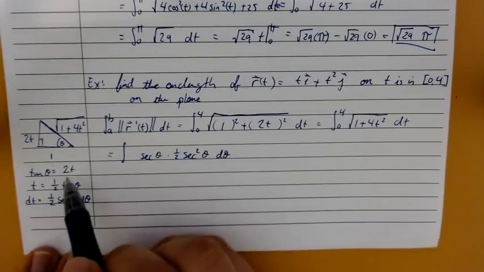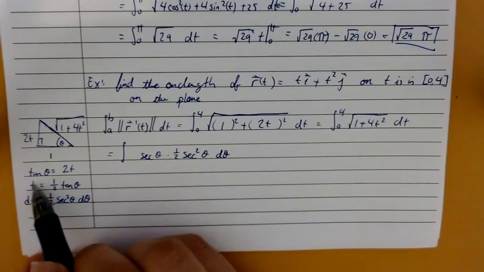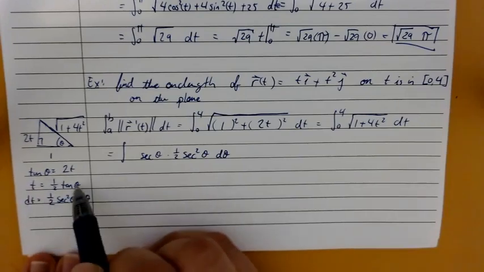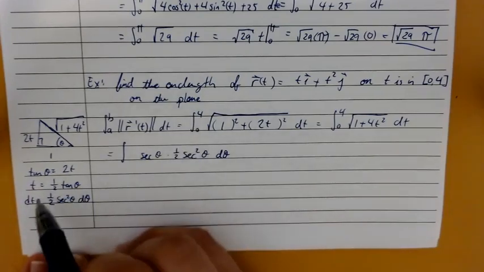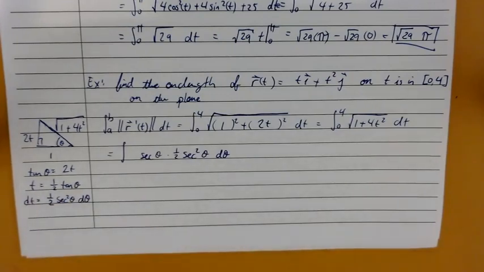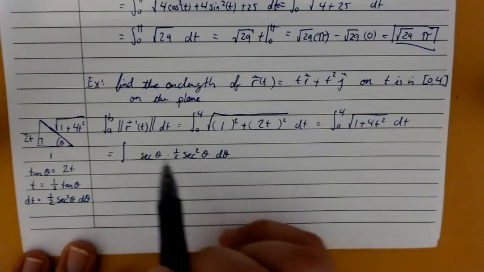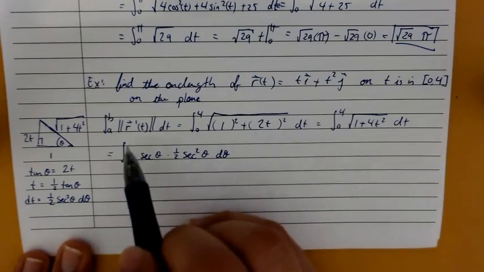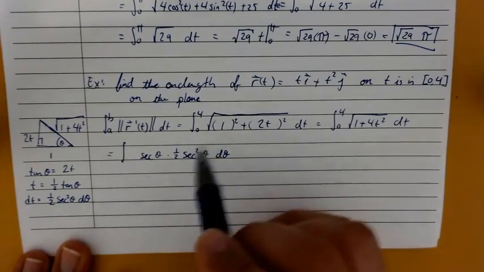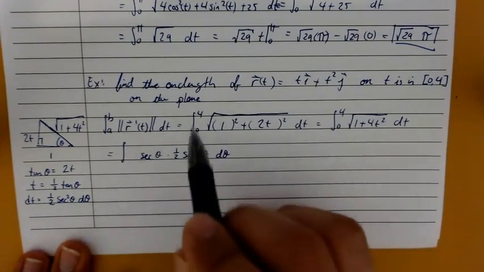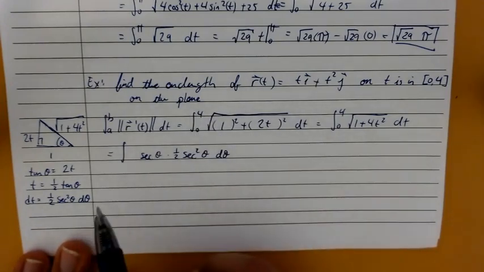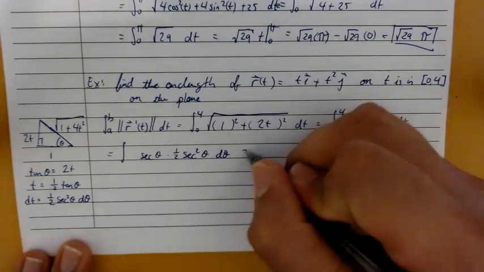Okay, so we can say, hey, if t is equal to 0 right here, then we can solve for theta. And if t is equal to 4 right here, again, we can solve for theta. So that really is up to you. If you want to change your variables straight up and rewrite your boundaries, you go ahead and do that. Otherwise, just go ahead and take the antiderivative and then back substitute at the end. It really doesn't make much of a difference.